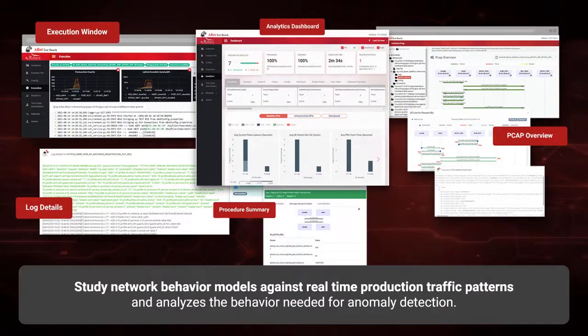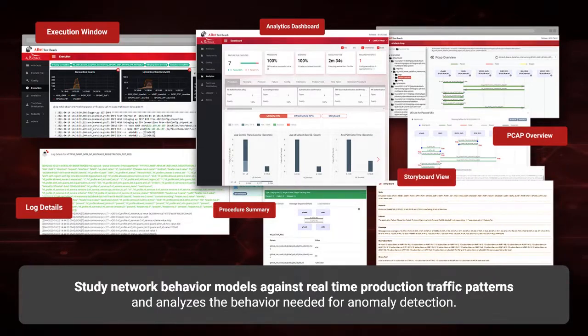ABOT generates a dashboard with all the required information so one can understand the quality of the procedure, mobility statistics, infrastructure uses, etc. ABOT also gives a storyboard view of the entire test execution and the 3GPP procedure in English, so even a layman can understand what's being tested and what is the outcome.